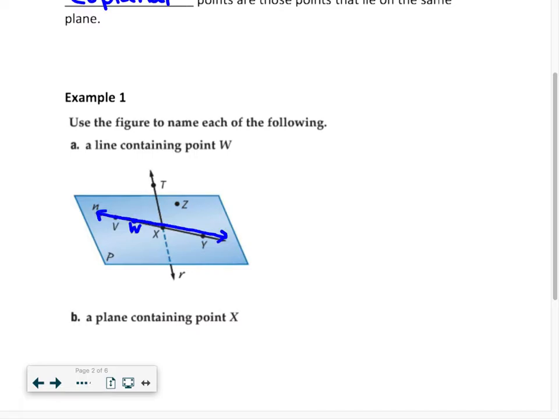That is line N. So to answer part A, that's line N. Of course, you can name it using points that go through it, VW, any 2 points on that line. You could use VW, XY, WY, any 2 points to name it as well, using the line with arrows above it.